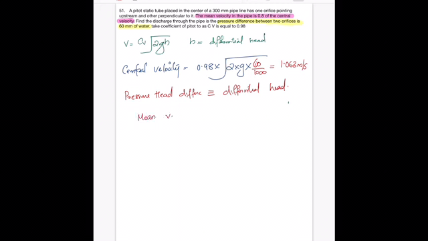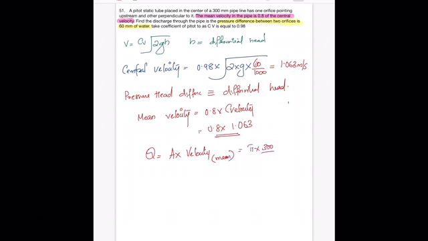Mean velocity is equal to 0.8 times central velocity, that is 0.8 times 1.063, and discharge Q is equal to area into velocity (mean).